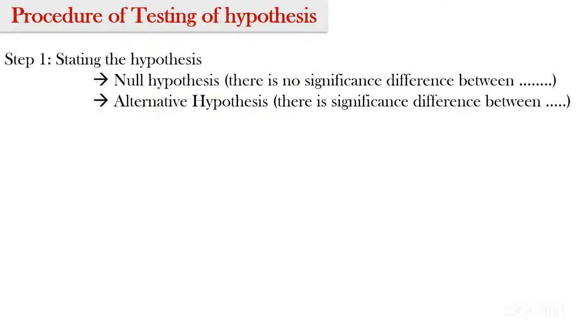So your claim should be very clear. The standard way to remember is: null means there is no significant difference, equal; and alternative means there is significant difference.